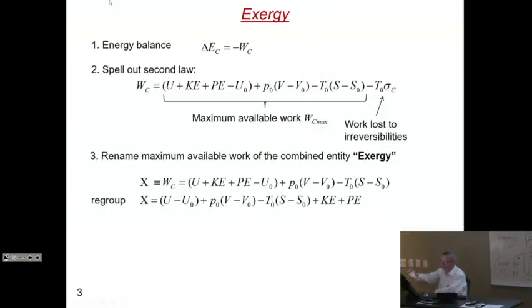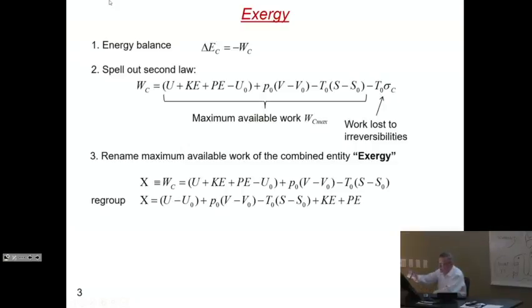Now, this change in energy, the work, can be spelled out following the second law. This is simply the balance equation. So that work is internal energy, kinetic and potential energy, minus the work on the surroundings. And then the pressure volume of the small volume minus that of the surroundings, entropy minus that of the surroundings, and then, of course, work lost to irreversibilities is here.